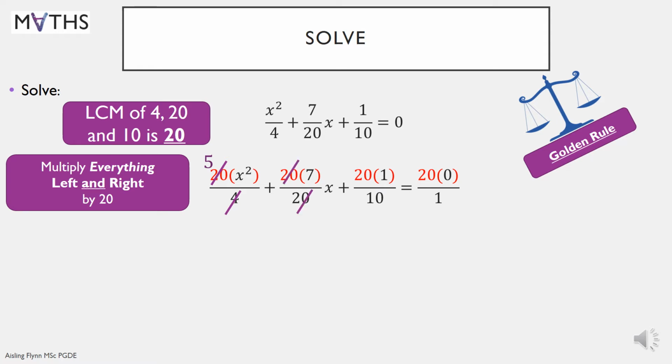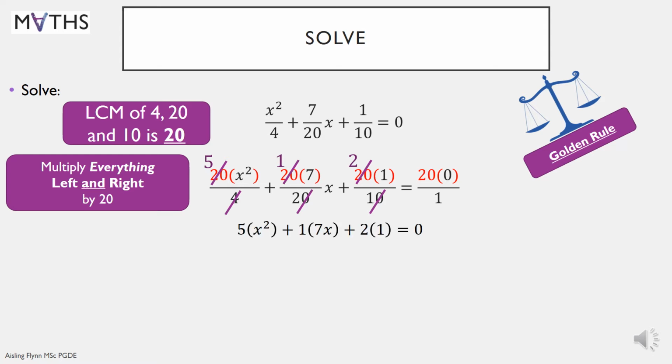Okay, 20 divided by 20 goes 1 times, and 20 divided by 10 goes twice. So the denominators are used, or essentially they become 1, which doesn't affect the equation. So again, it looks rather messy, but the next line will be far more simplified.